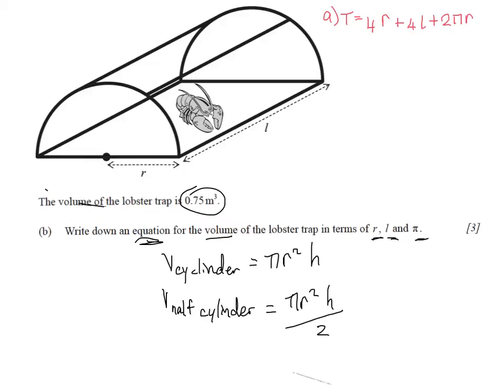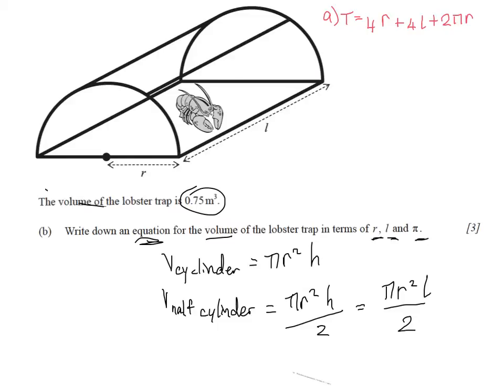Well, I have here r, h, and pi. What's the problem with the h? If you notice here, our length is the height of our cylinder. It's not called h in this question. It just so happens that here it's called L. So the volume of our half cylinder is actually pi r squared L over 2.